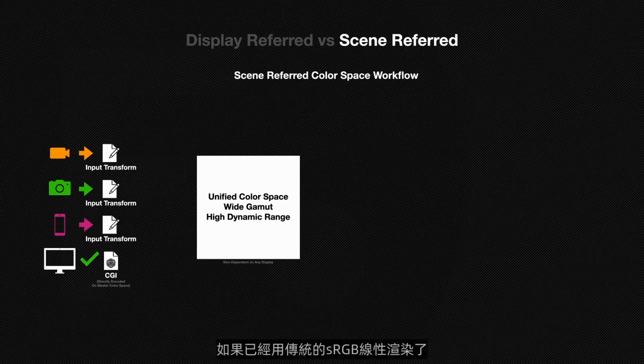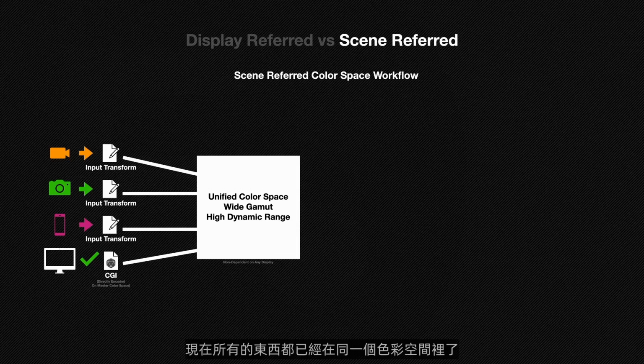But of course, you could always convert it to that target unified color space if you already render in the traditional sRGB linear. The thing is, if you can render it directly into the unified color space, please don't make any useless conversions. We will discuss color transformations in Nuke later in this course.